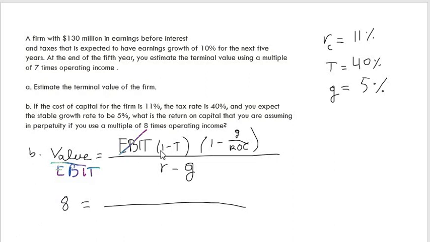So we'll have 1 minus t, which is 1 minus 40%, times 1 minus g over ROC, where g is 5%, over ROC.